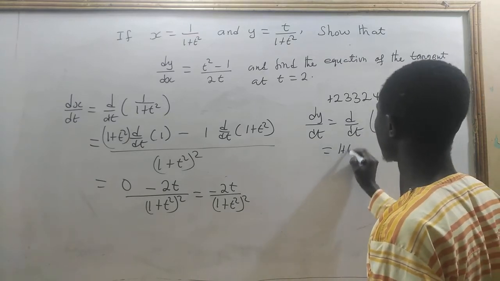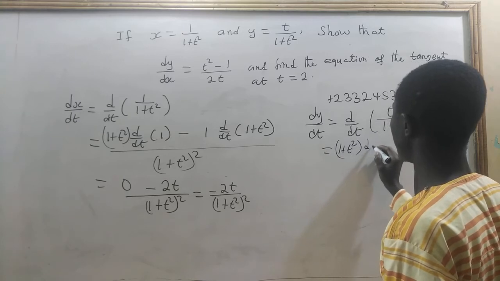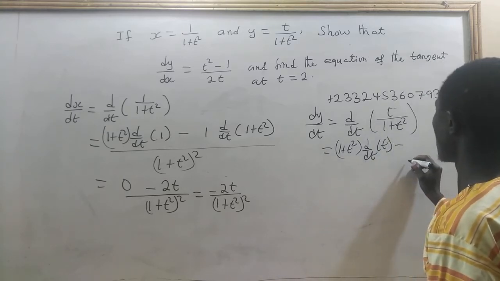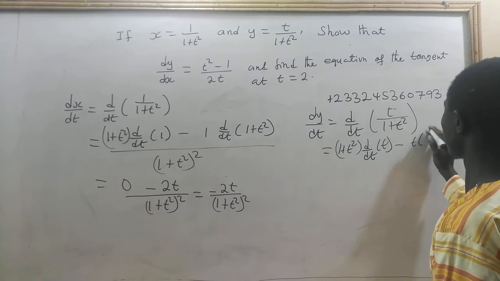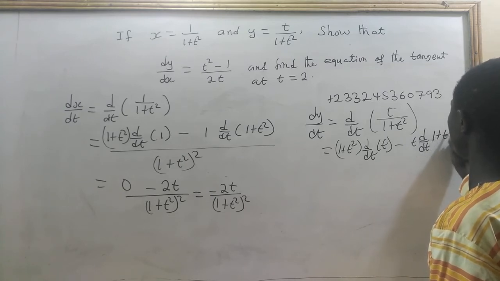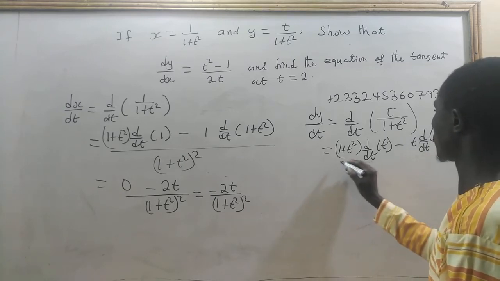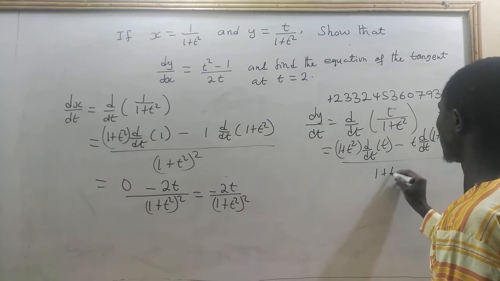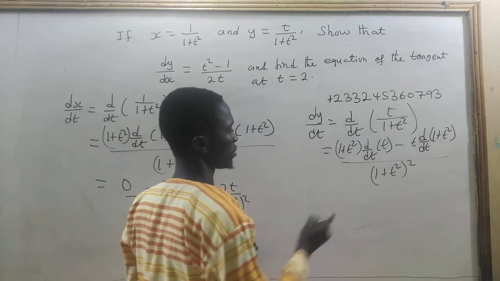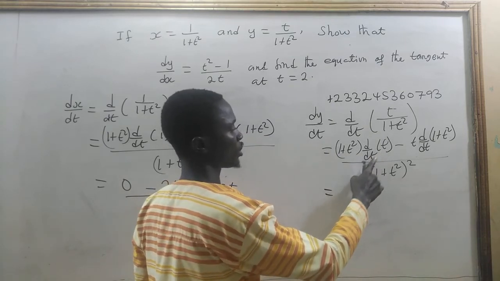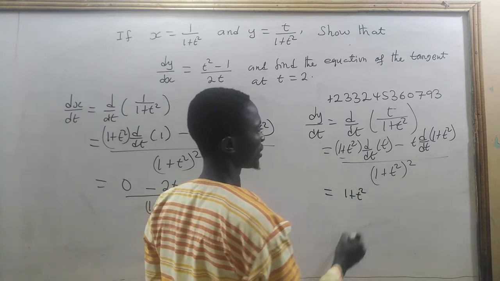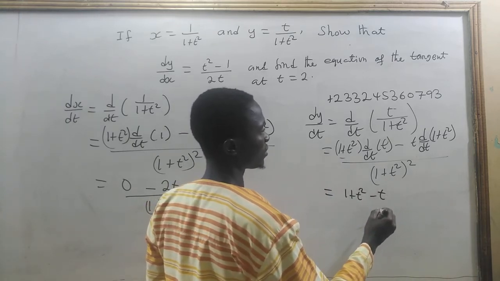You have 1 plus t squared times d/dt of t, minus t times the derivative of 1 plus t squared with respect to t, all divided by 1 plus t squared all squared. Now, if we differentiate t with respect to t, we get 1. Then this will give us 1 plus t squared minus t.